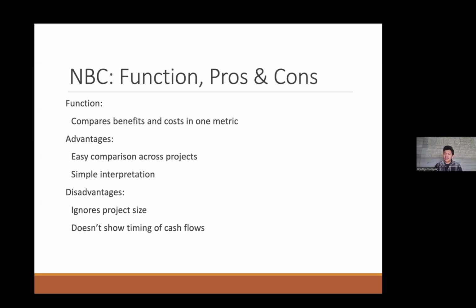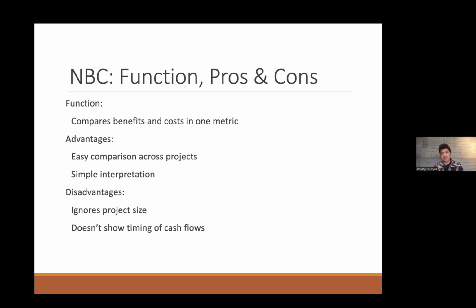Okay, next slide we have the function, pros and cons, like the previous slide. For the function, it compares the benefits and the costs in one metric. The advantages: it gives the project manager easy comparison across projects and also simple interpretation, because we are just comparing the total benefits to the total cost.